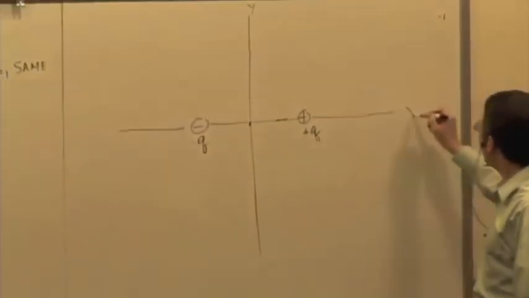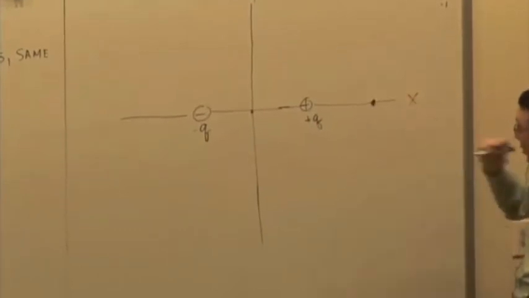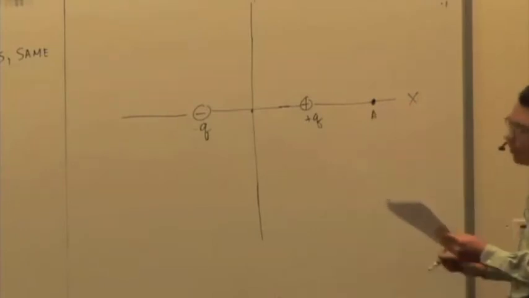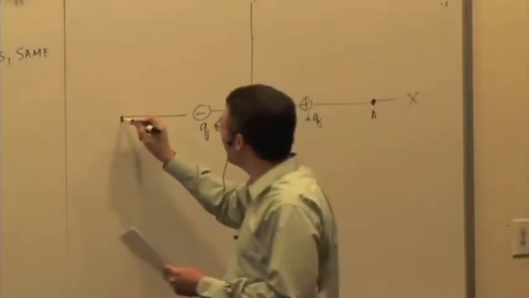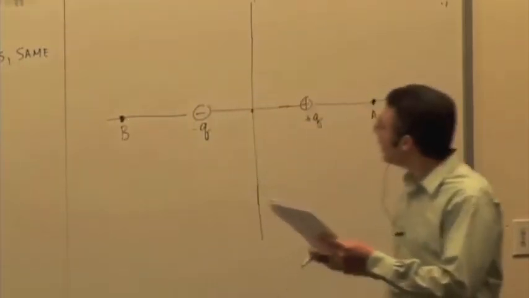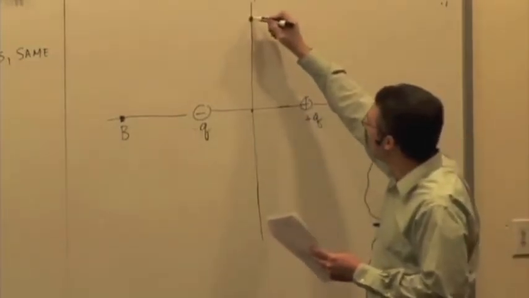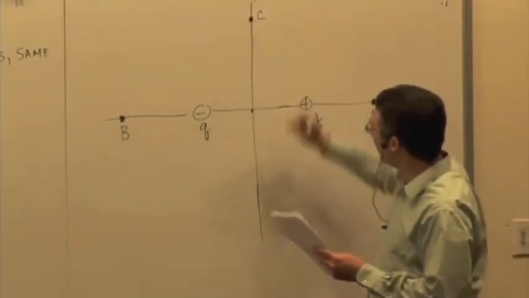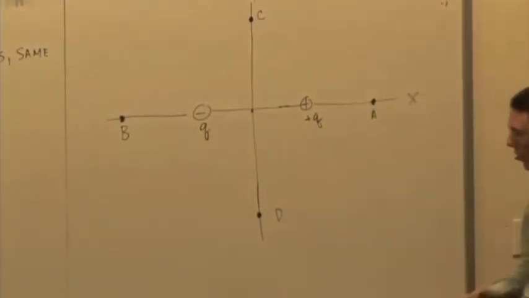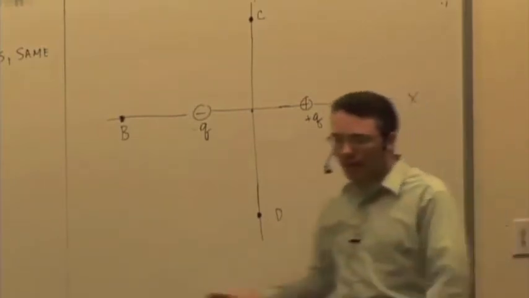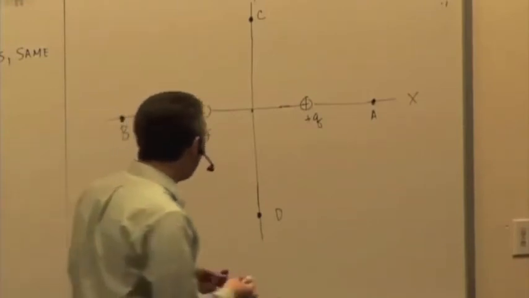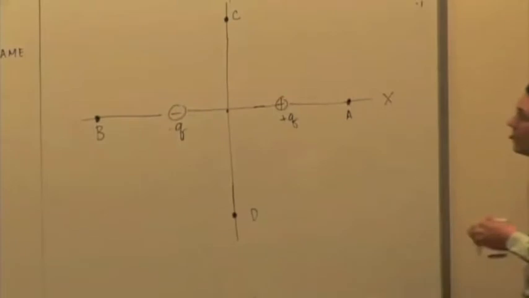This is y and x, and I'm going to look at a location on the x-axis to the right of this positive charge, call that A. I'm going to look at a location on the x-axis on the other side, to the left of the negative charge, call it B. I'm going to look at a location along the y-axis above the dipole, call that C, and down here on the negative y-axis, call that D. Okay? So just qualitatively, let's apply superposition to each of these points and see if we can find the direction of the net electric field.